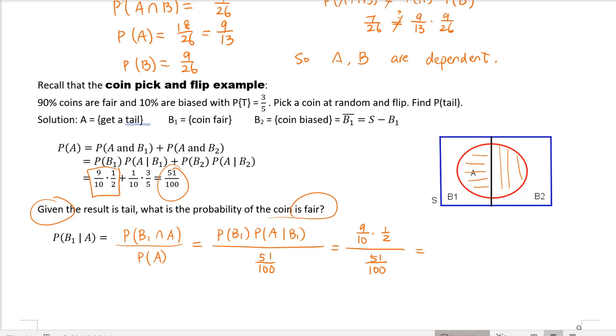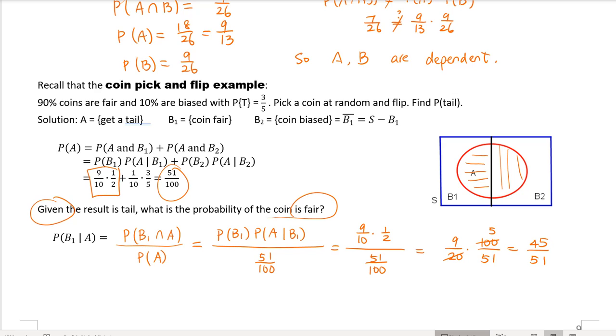Because A over B over C over D is A over B times the reciprocal, this is like 9 over 20 times 100 over 51. This cancels, we get 5. 9 times 5 is 45. So the answer is 45 over 51.